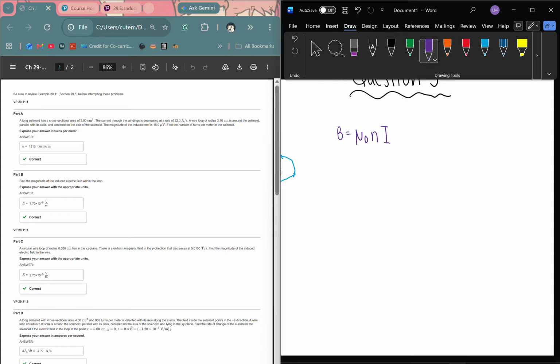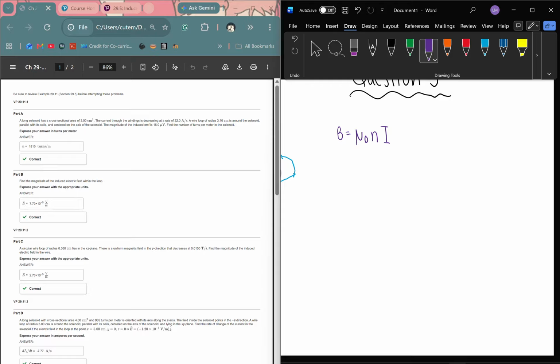This is the magnetic field inside a long solenoid. B is the magnetic field in teslas. Mu naught is the permeability of free space, a physical constant. N here is the number of turns per meter, which is what we're trying to find, and I is the current through the solenoid.